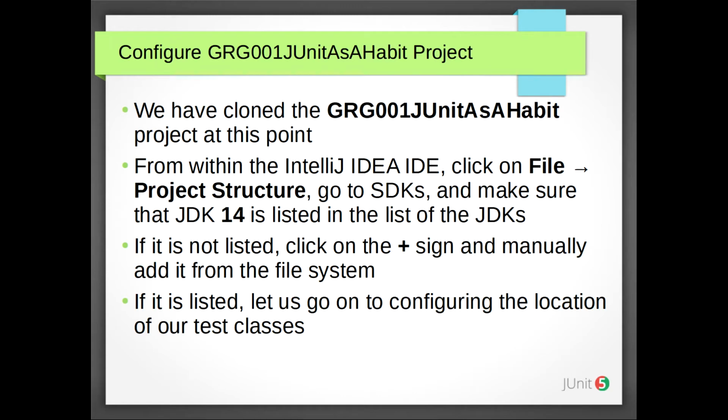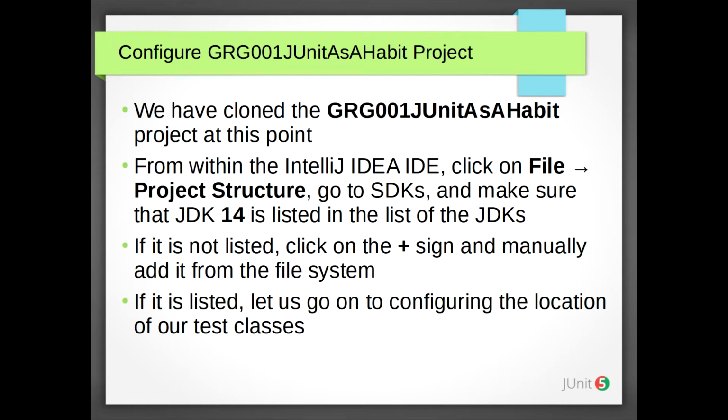Configure GRG-001 JUnit as a habit project. We have cloned the project at this point, or downloaded, unpacked, and opened the zip file. From within the IntelliJ IDE, click on File, Project Structure, go to SDKs on the left-hand side of the opened dialog box, and make sure that JDK 14 is listed in the list of the JDKs.